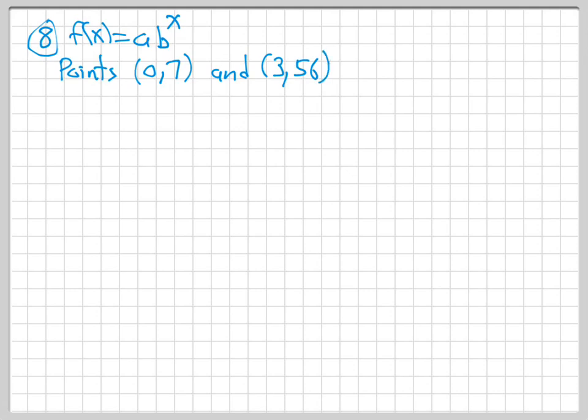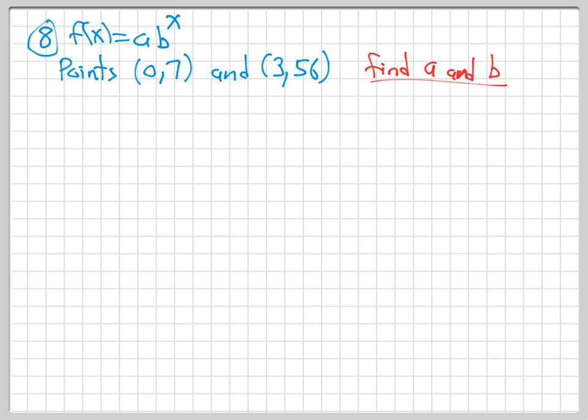So for number 8, it says we've got an exponential function, f of x is a times b to the x, and they're saying it passes through the points (0, 7) and (1, 356).